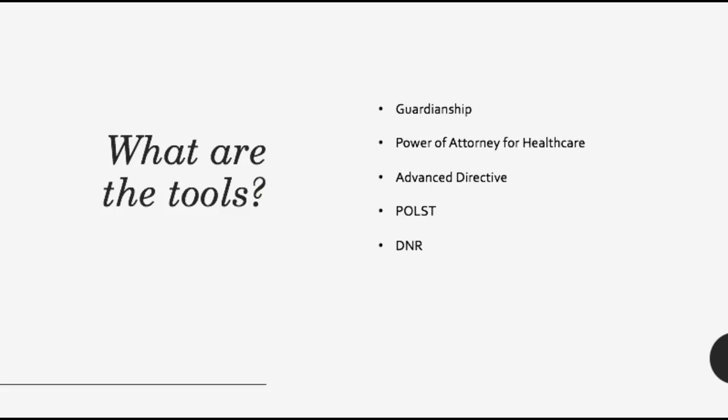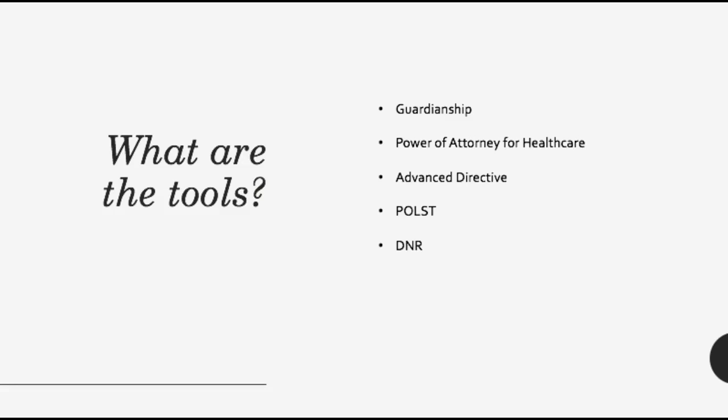So what are the tools you'll see this week? Well, guardianship is a tool where a probate court basically gives healthcare decision-making power to another individual. It's a judicial order. Powers of attorney for healthcare are something that attorneys usually draft up that say, I want this person to make decisions for me, either in my absence or if I cannot make healthcare decisions.